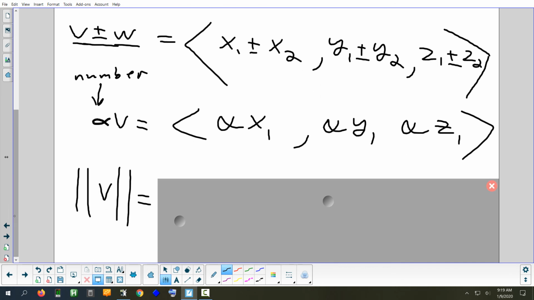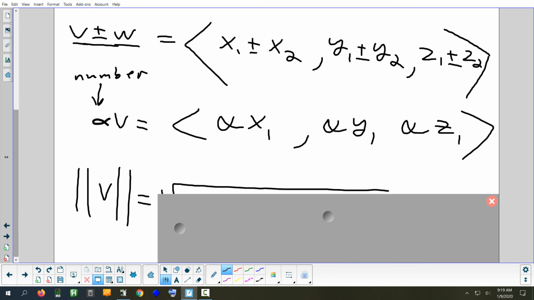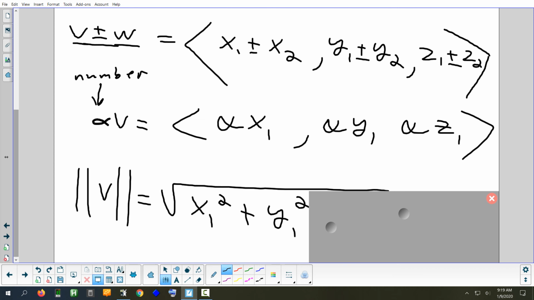That means you take something and you square it, plus you take something else and you square it, and then you take the square root. Well, in 3D, that's exactly how the formula starts. It's the square root of, take the x component, square it, take the y component, square it, and what do you think is going to be the next step?